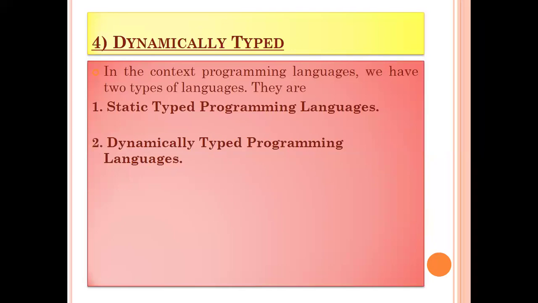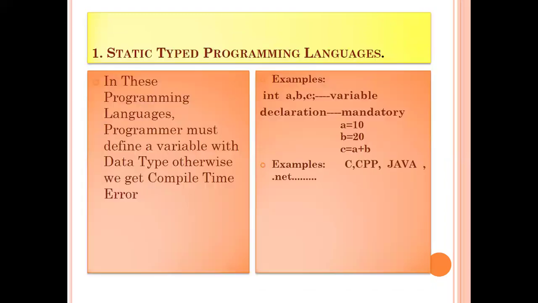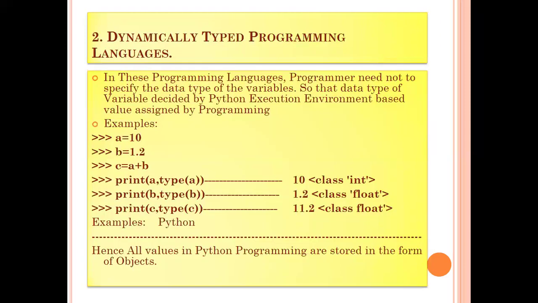Then we talk about the dynamically typed language. We know we have two types of programming language: one is statically typed and second is dynamically typed. Static type is a programming language in which we need to define a variable with a data type, otherwise we'll get a compile time error. But when we talk about dynamic typing, we need not specify it.